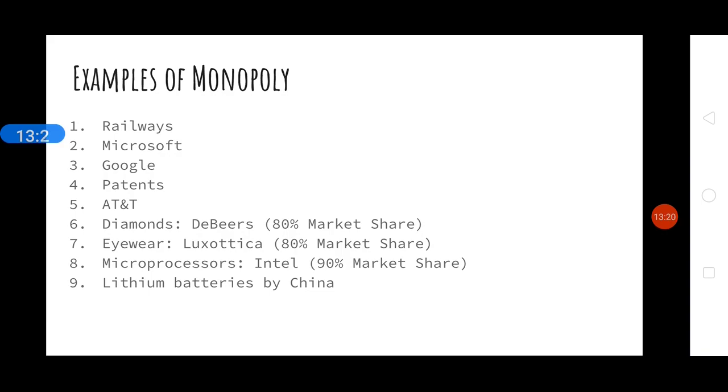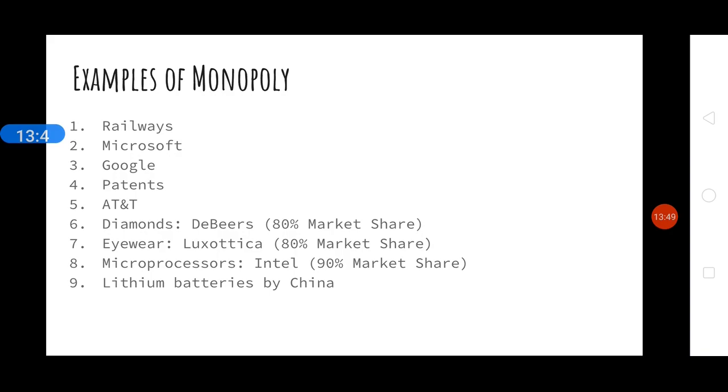This creates an illusion in the mind of the customer that they have a variety of sunglasses to choose from. But in reality, they are all manufactured by one company, that is Luxottica. It produces more than 80% of the eyewear worldwide. Some of the companies selling sunglasses made by Luxottica are Ray-Ban, Oakley, Persol, etc.